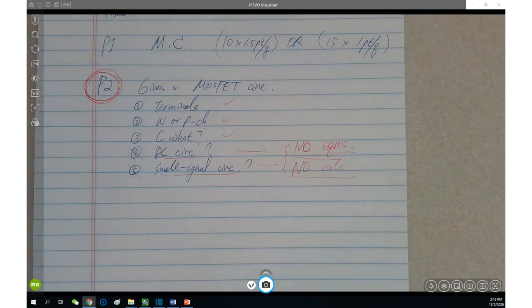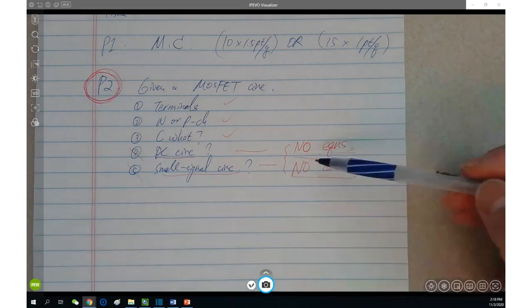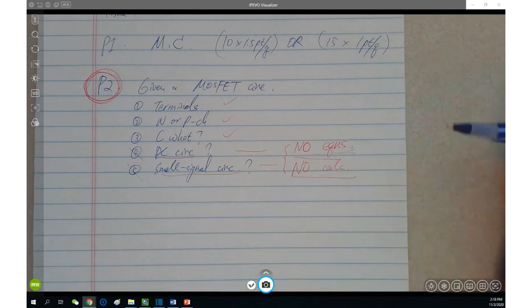Find the circuit means find the circuit. Of course, if you do write those equations and even calculations, if they are right, you just lose some time. However, if they're wrong, you're losing time and a point, which I can never understand why you are doing.